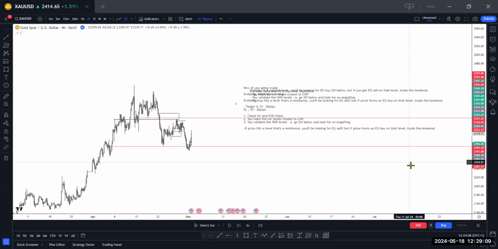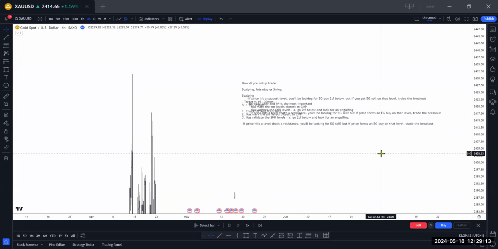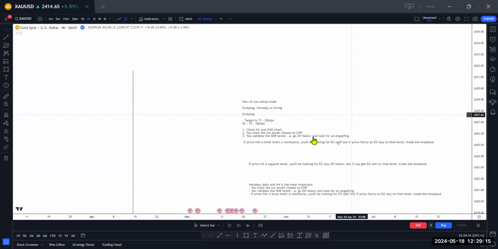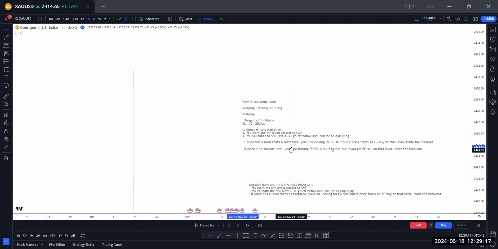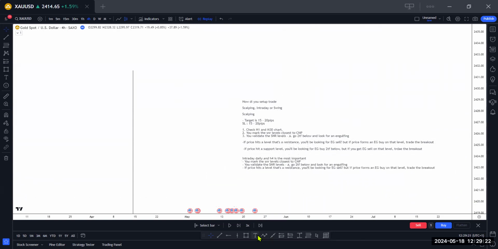For scalping, you have the rules. For intraday, you also have the rules. Now, if you're going to be a swing trader, the only thing that changes for swing trading is the time frame. So we follow the same standard operating procedure, guys. The only thing that changes for swing trading is the time frame.